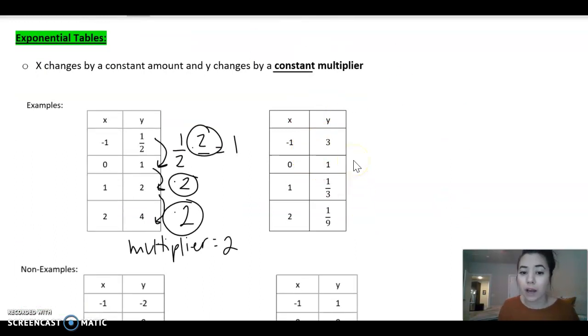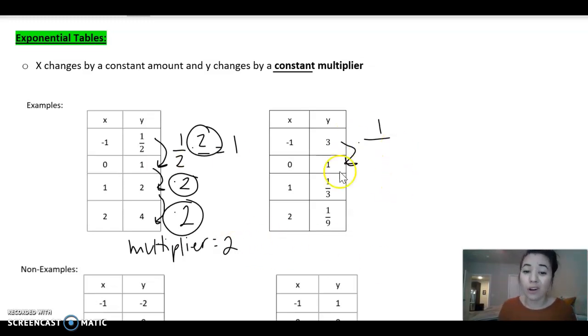So find your multiplier for a decay. Well, because we're getting smaller, that means our multiplier has to be less than 1. In order to get bigger, it needs to be greater than 1. So right away, because I notice these numbers are getting smaller, that tells me that my number is going to be a fraction that I'm multiplying by.